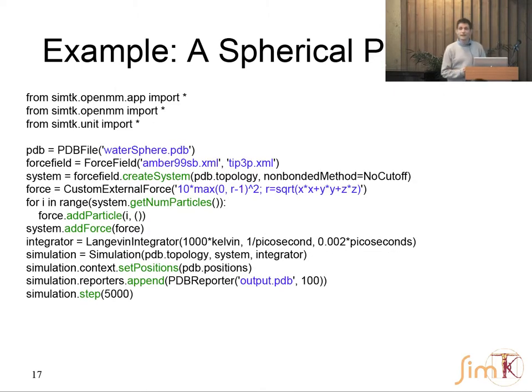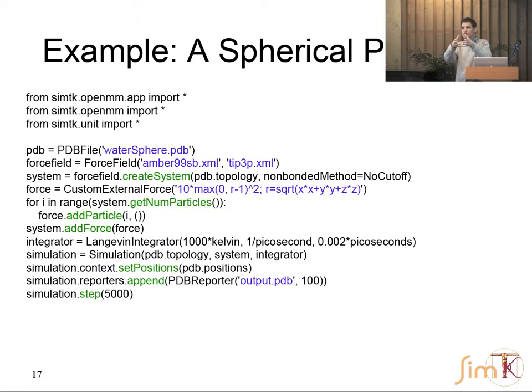So let's show an example of what you might use this for. This is an example where you want to simulate a droplet of water. Instead of having a periodic box of water that's supposed to represent an infinite bulk of water, here we want to simulate just a single droplet.